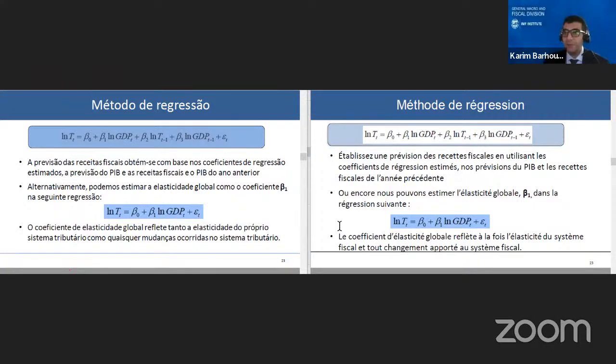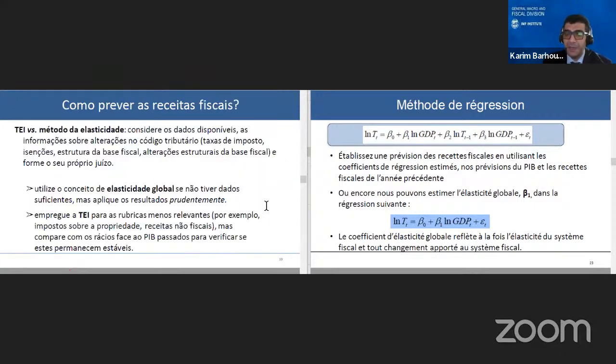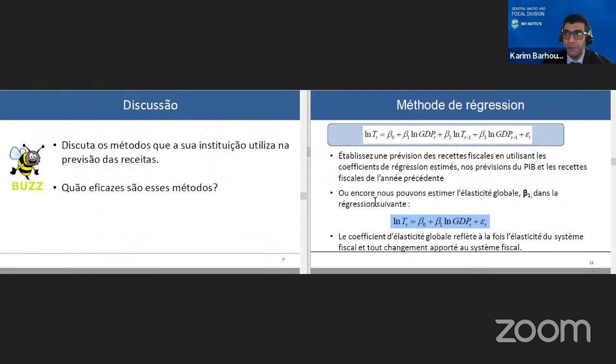So for sake of time, just for 5 minutes, can anyone tell me what approach has been used in your country to forecast revenue and how this method is performing?